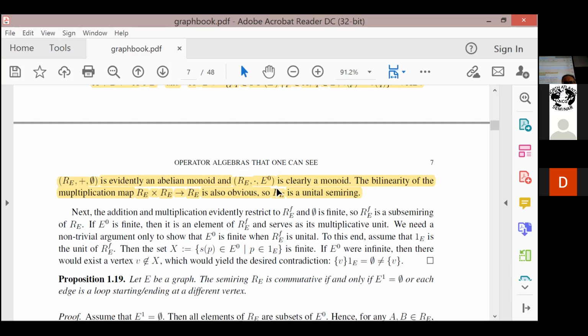Simply because if you have PQR, then you can shift parentheses: PQ and then R, or P and then QR. That's just the same path. Maybe I should have been a bit more pedantic here to show the associativity. Maybe I will add it later in the lecture notes, but I think this is completely clear. Any objections that this is a monoid, with E0 being the neutral element?